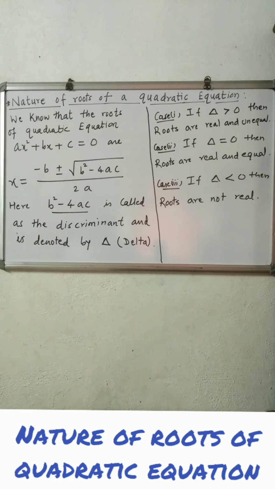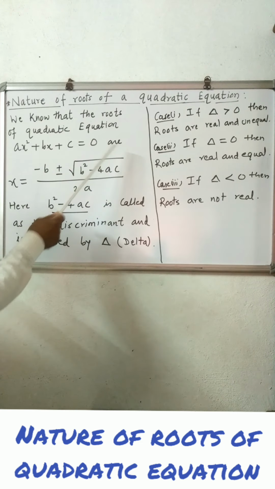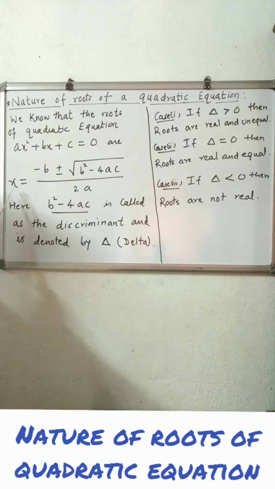Today we'll study the nature of roots of quadratic equation. Now we know that the roots of quadratic equation x square plus bx plus c is equal to 0 are given by the formula x is equal to minus b plus minus under root b square minus 4ac upon 2a.